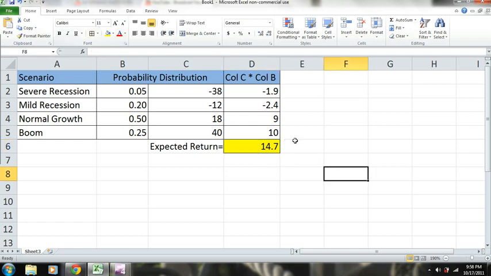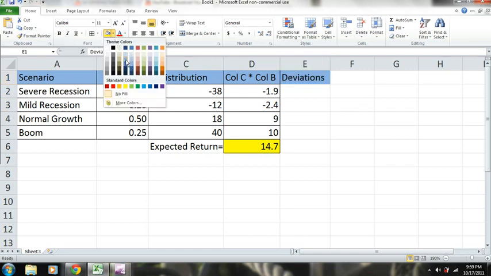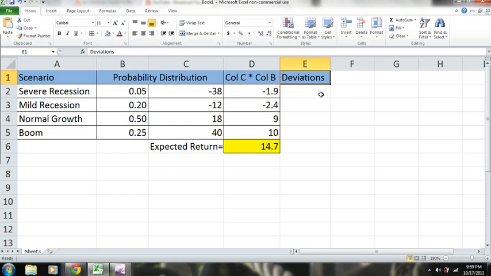Keep a little border. And now we're going to start to test the volatility, the risk of this investment. The way we're going to do that is first we're going to find the deviations. How far does each scenario's return deviate from the expected return? So we'll label this deviations. If this investment just earned a 14.7% return, no matter what state of the economy was, then deviations would equal 0, and therefore there would be no volatility.